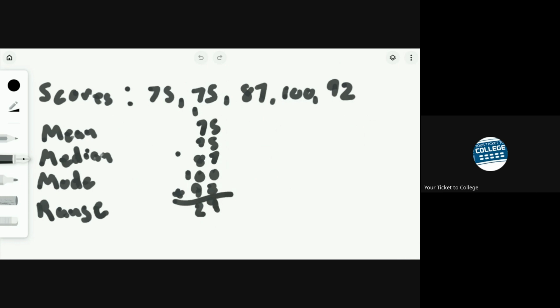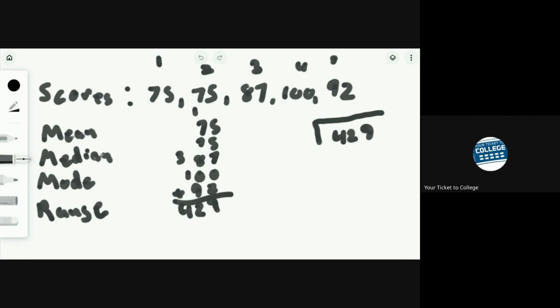So carry the 3, 3 and 1 is 4, so 429. And now that we have that, what we're going to do next is divide it by the number of entries in our list. So in this case, we have 1, 2, 3, 4, 5.